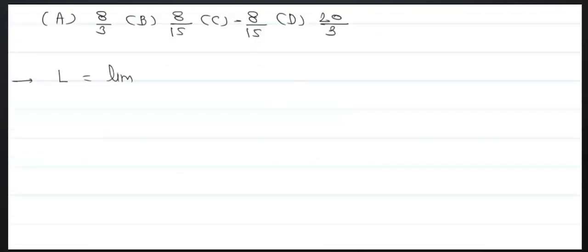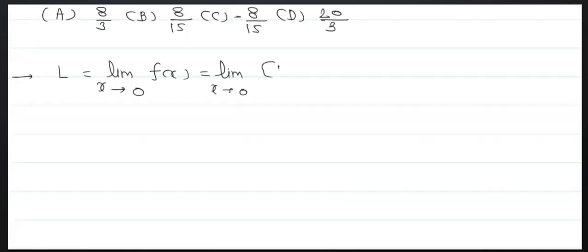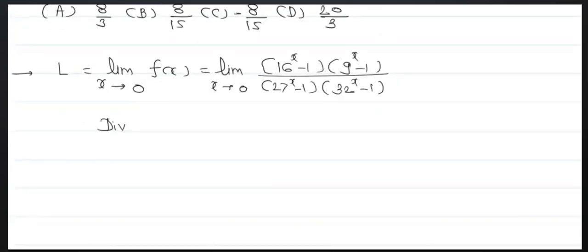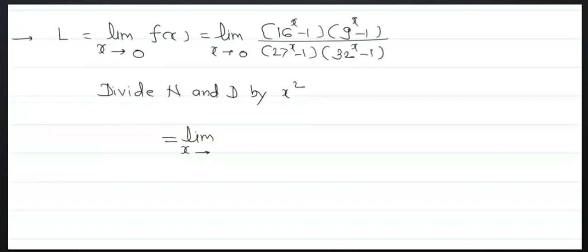This is very simple. Given that the function is continuous, the value of the function equals the limit of the function. Therefore, here we will solve the limit as x tends to 0 of 16 raised to x minus 1 into 9 raised to x minus 1 upon 27 raised to x minus 1 into 32 raised to x minus 1. Divide numerator and denominator by x square.